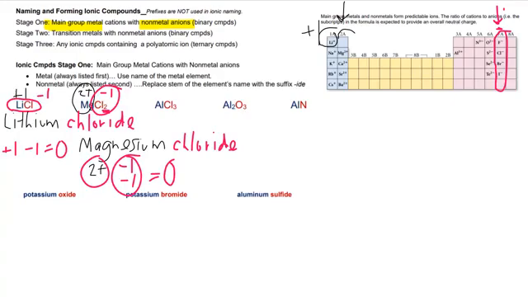Let's look at AlCl3. Again, if we look over here and find aluminum in group 3A, we know that aluminum is a 3+ ion, and there's one of them. So up here, I'm going to write Al with 3+. Now the chlorine, again, is still a -1, and it tells me that I have 3 of them.